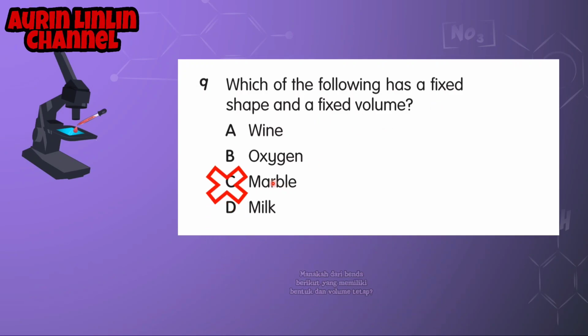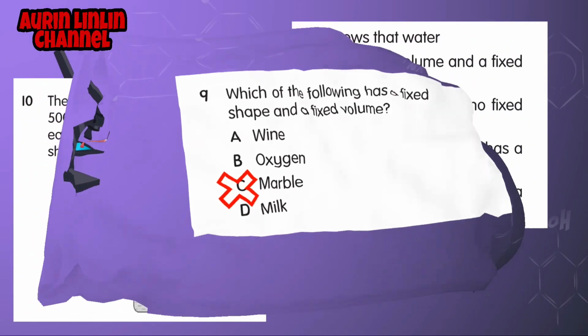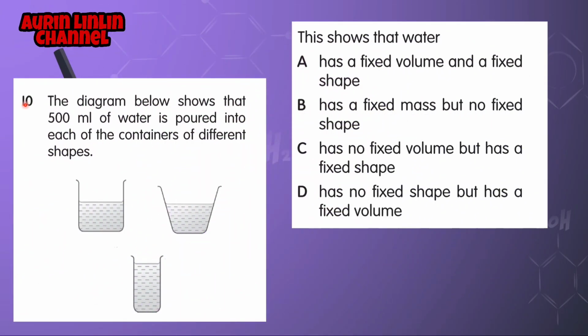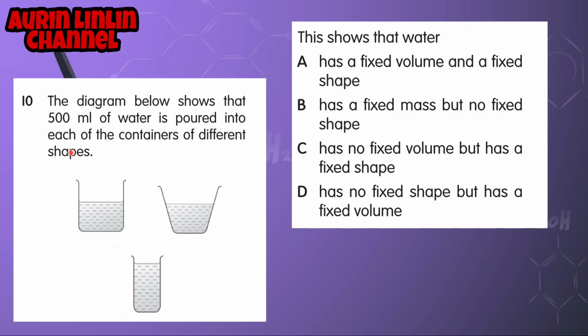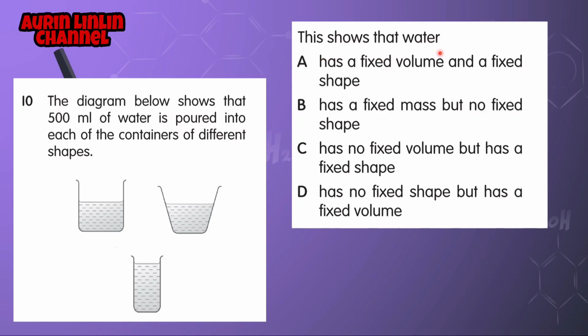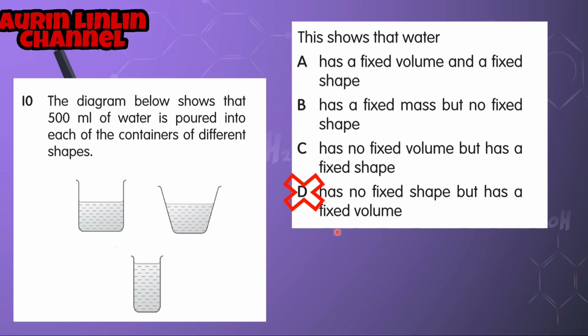And the answer is marble. Question number 10. The diagram below shows that 500 milliliter of water is poured into each of the containers of different shapes. This shows that water has no fixed shape but has a fixed volume.